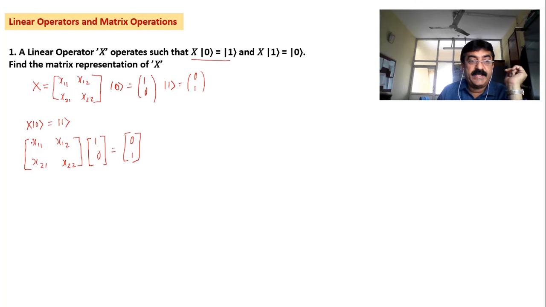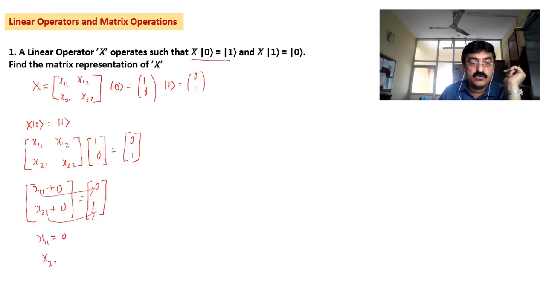So multiply x11 into 1 is x11, plus x12 into 0, 0, first element is generated. Next x21 into 1 is x21, plus x22 into 0, 0, so that is the multiplication, is equal to 0 and 1. So now you just equate. So if you equate, x11 is equal to 0, x21 is equal to 1. So we got two values.